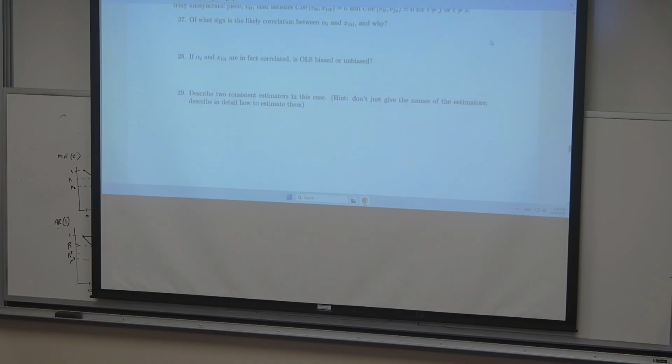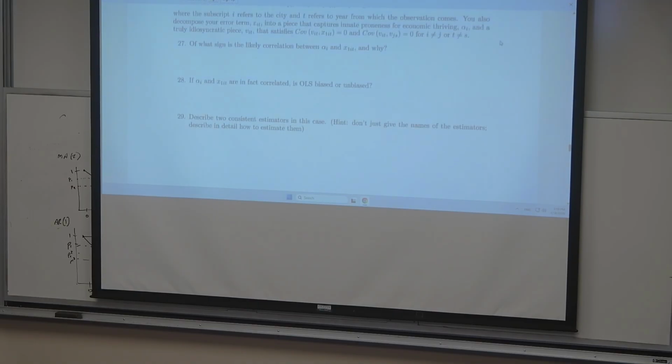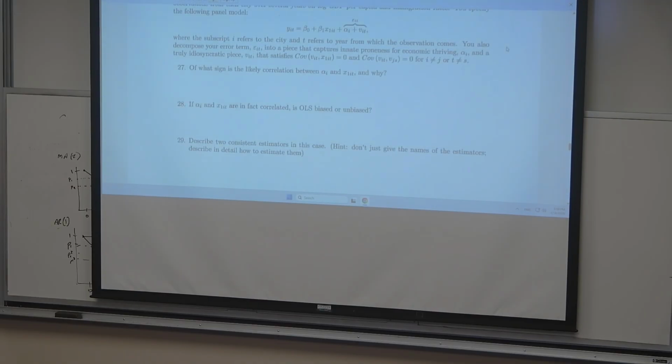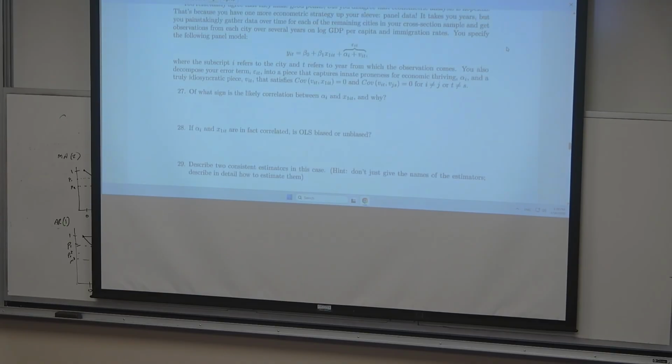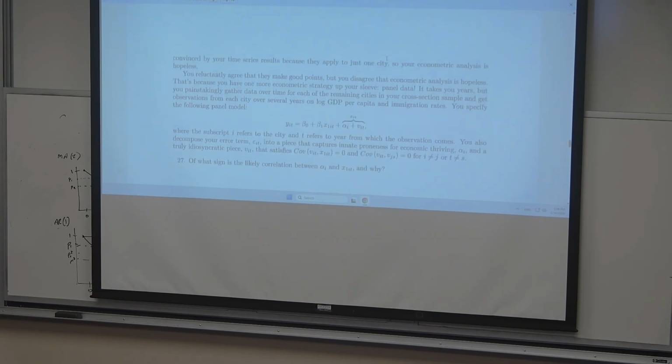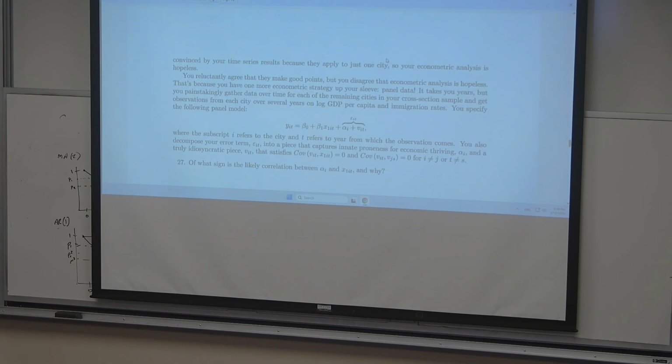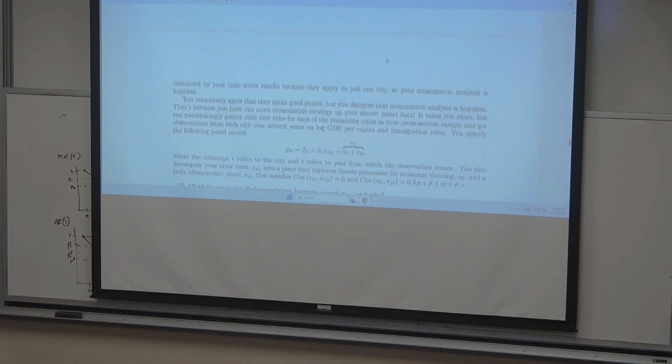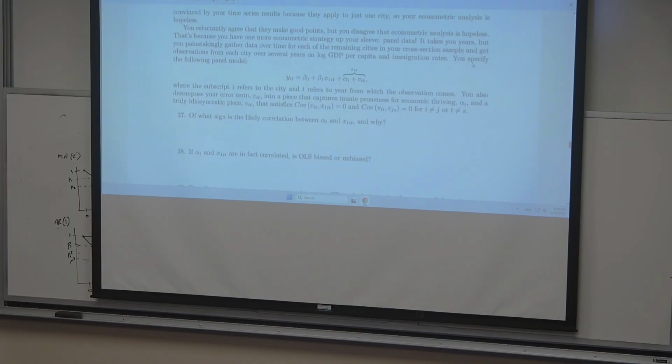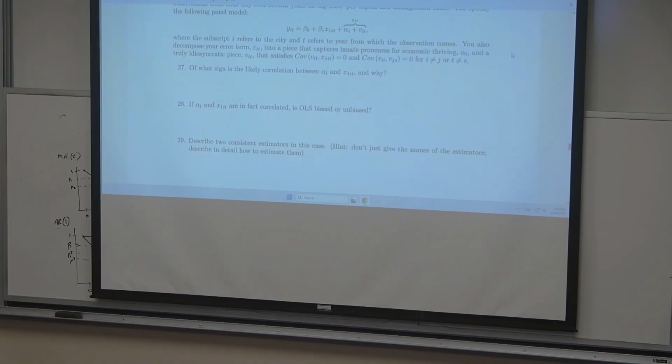For questions like 27, if we just give a good enough explanation, are you good with either way? Yeah, I mean, alpha i is the individual, and then X1it is immigration, right? Immigration for a city in a specific period.